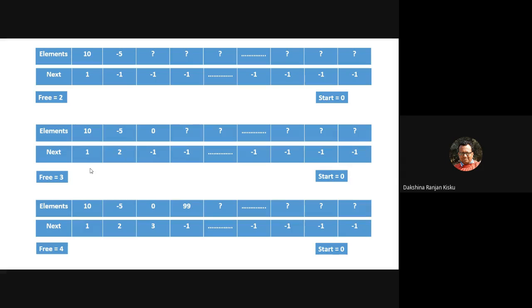So the next array will contain all integer values, because the next part of the second node will be null. So here free becomes 2, start becomes 0. There is no change in the start variable.